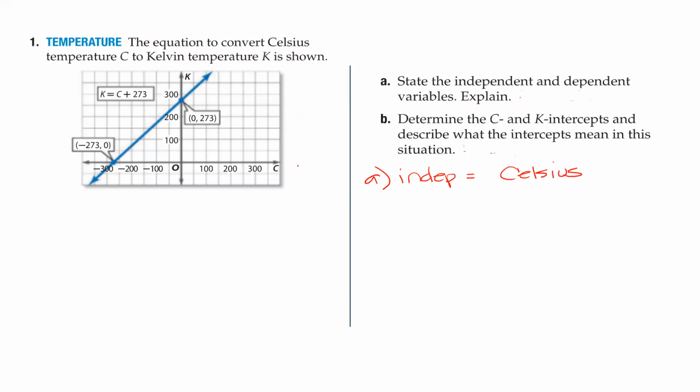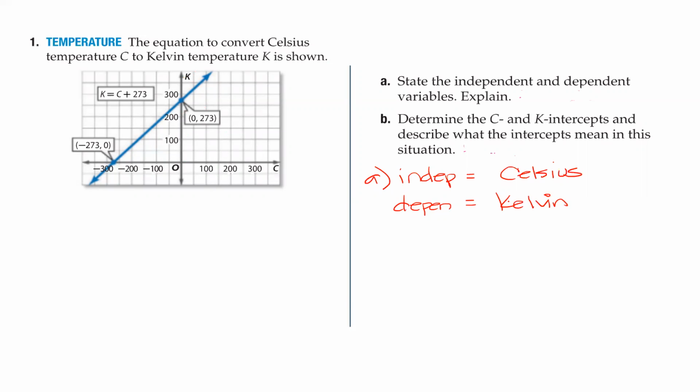Remember, your independent variable is on the x-axis. If we look at our x-axis, there's the C. The C, it told us, is the Celsius temperature. The dependent variable is on your y-axis, which is K. That's going to be Kelvin temperature.